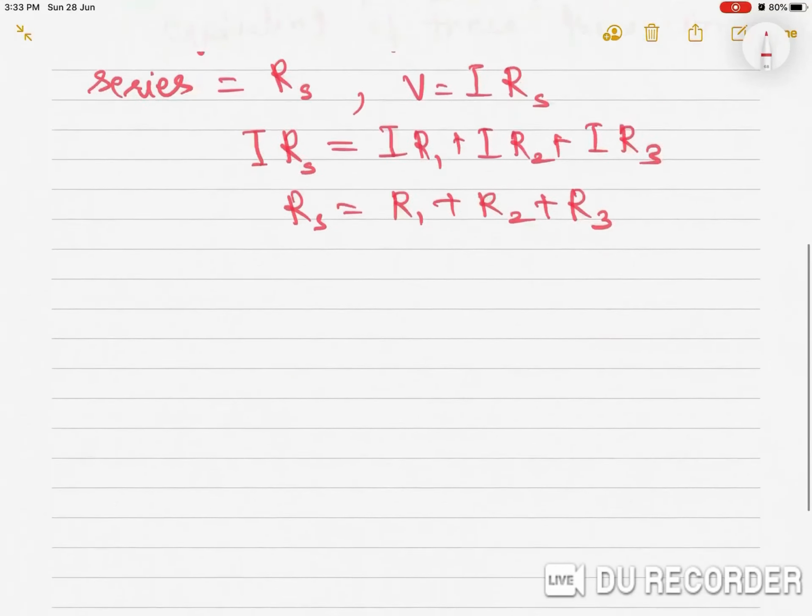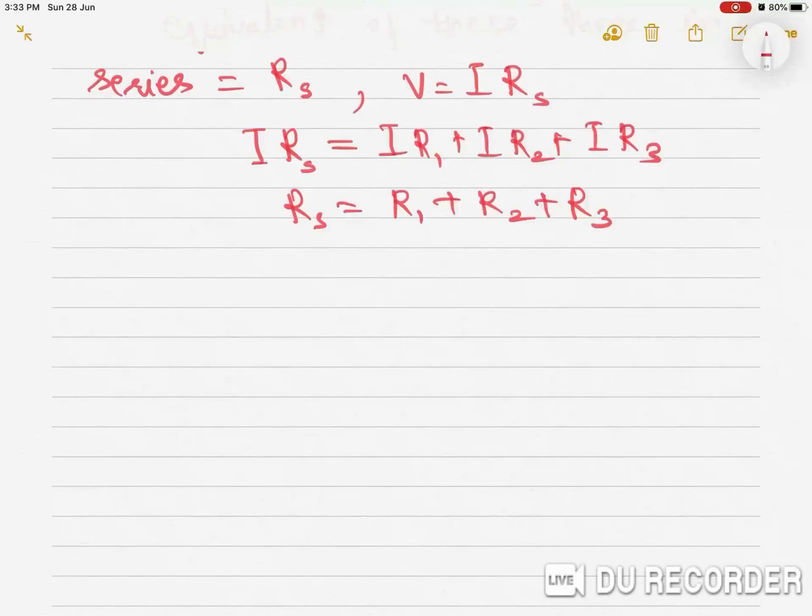If in place of these 3, we take n resistors, then the equivalent resistance of those in series will be R1 plus R2 plus R3 and so on.